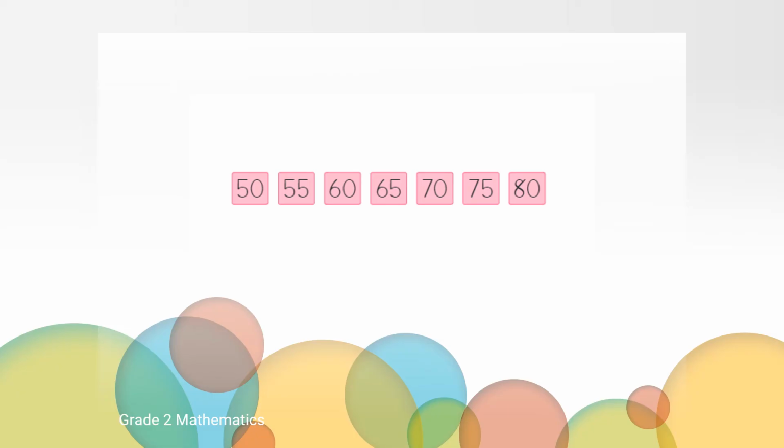Let's look at this pattern. Is this a repeating or growing pattern? How do you know? It's a growing pattern because the numbers are getting bigger by 5 each time.